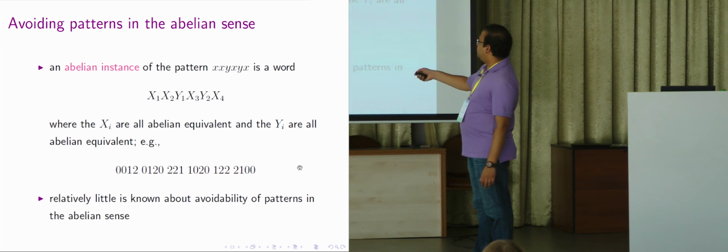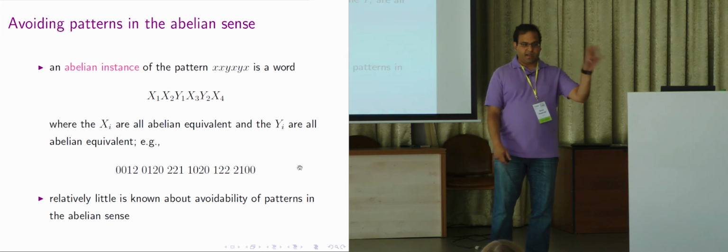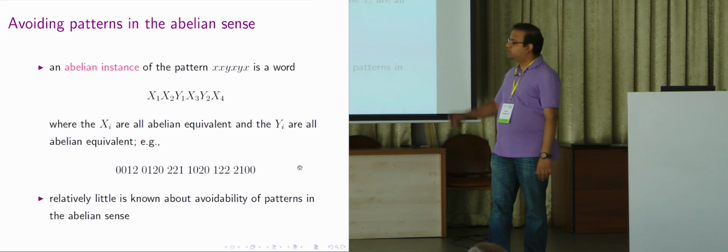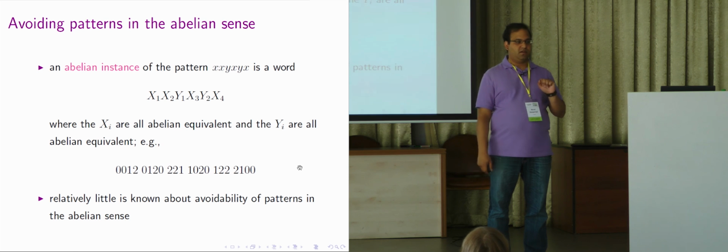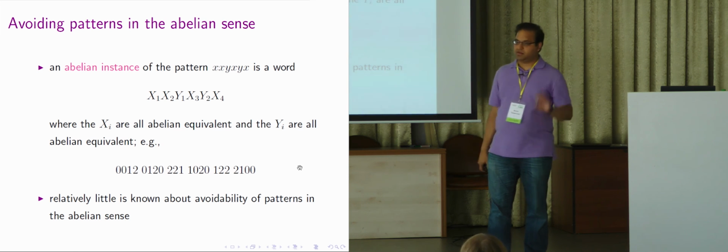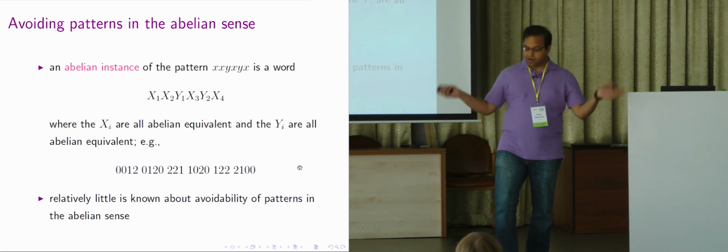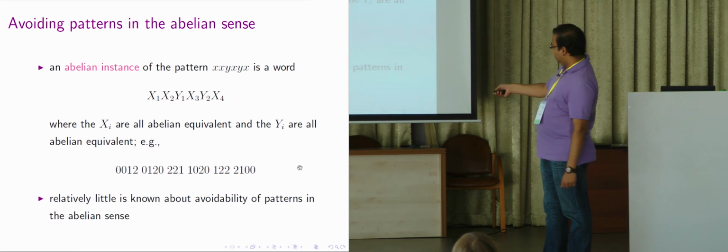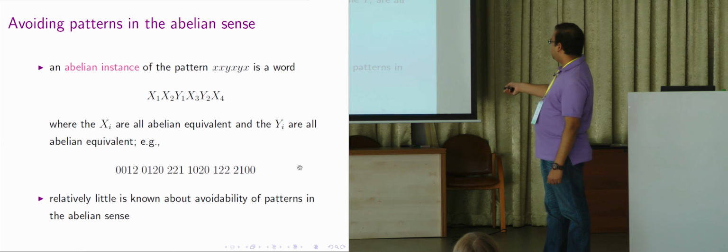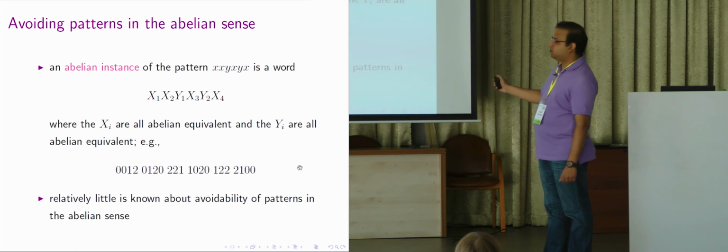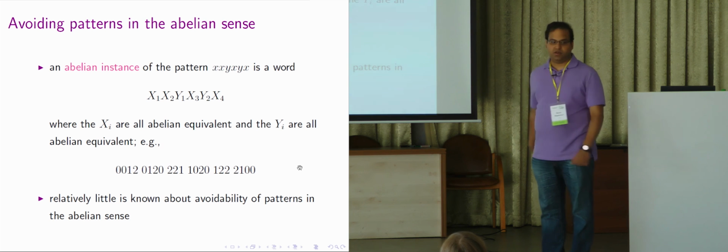So let's say an abelian instance of the pattern x, x, y, x, y, x is a word that looks like this, where the x's, these big x's, should all be permutations of each other, and then all the big y's should be permutations of each other, right? So you can make some patterns. So here's an example of a word that matches that pattern, right? I have x, x, x, x. Those should all be permutations of each other. And then this y and this y should be permutations of each other.